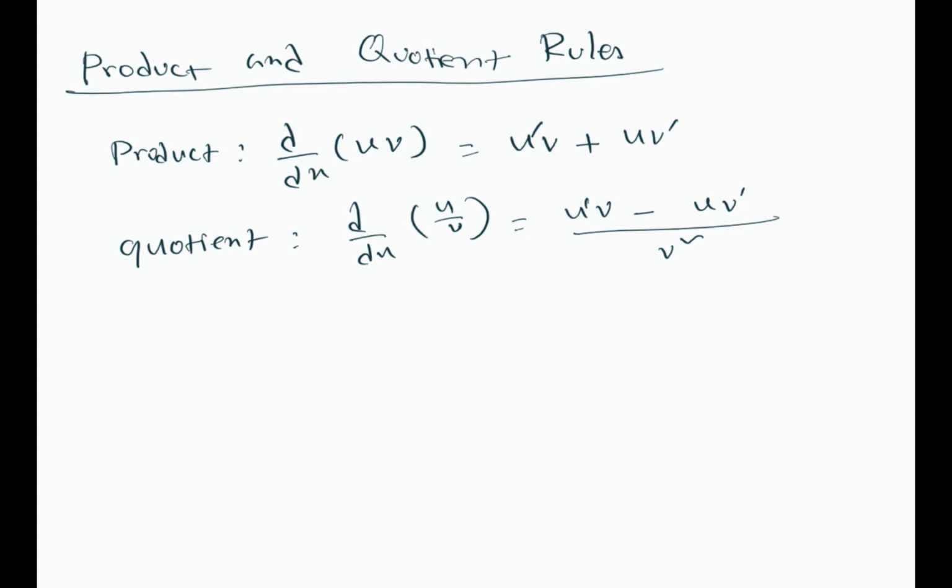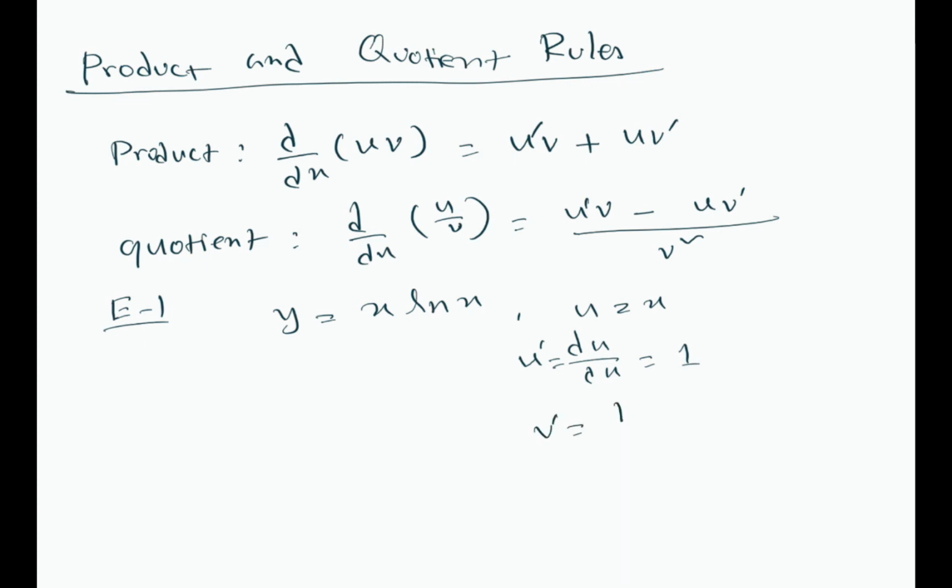So example 1. For example 1, we have a function y is equal to x ln of x. So our u is equal to x, so the derivative of u with respect to x, or u prime, is equal to 1, the derivative of x with respect to x, you know this already.